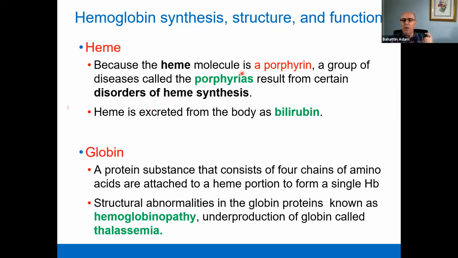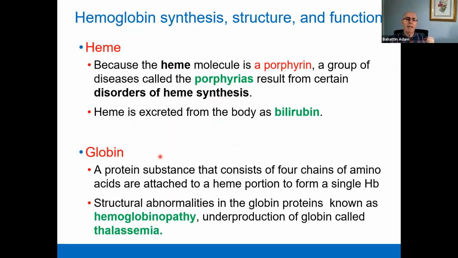Because the heme molecule is a porphyrin, a group of diseases called porphyrias result from certain disorders of the heme synthesis. The heme is excreted from the body as bilirubin. The waste of the heme is the bilirubin.